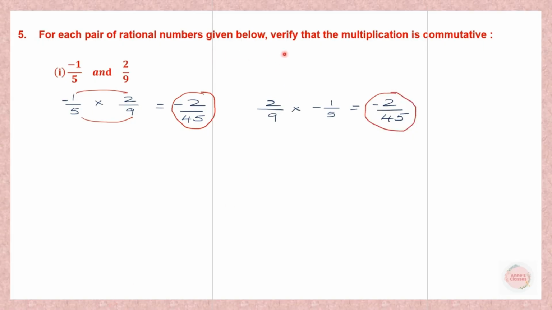That is, even if you change the order, if the answer is the same, then we have verified the commutative property of multiplication. So you can say that they are verified. So final answer, you should write it this way. Minus 1 by 5 into 2 by 9 is equal to 2 by 9 into minus 1 by 5. So even if the orders change, the answer is the same. So we have verified the commutative property.